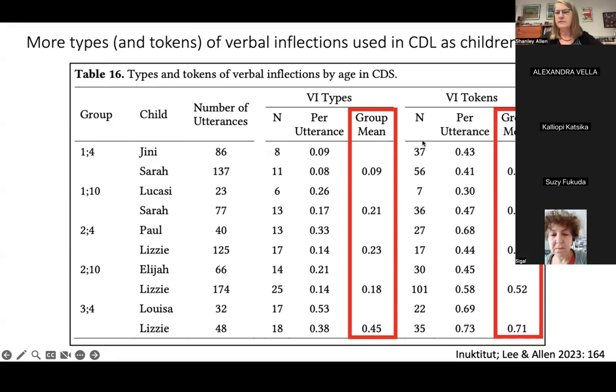But if they had 5 uses of the imperative second person singular, those would count as one type, but 5 tokens. Okay, so it includes repetitions. Could include repetitions in the same utterance or different utterances, but with the same inflection. Okay? Okay, thanks. Yeah, good question.